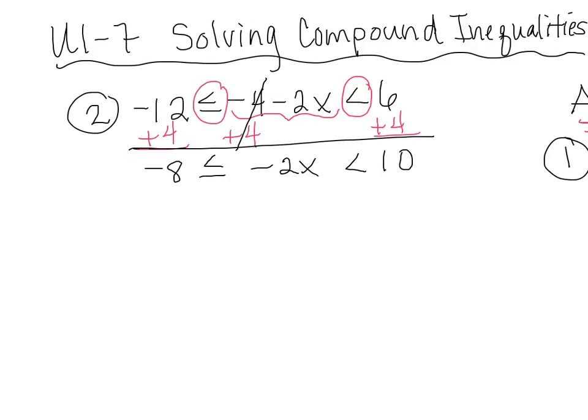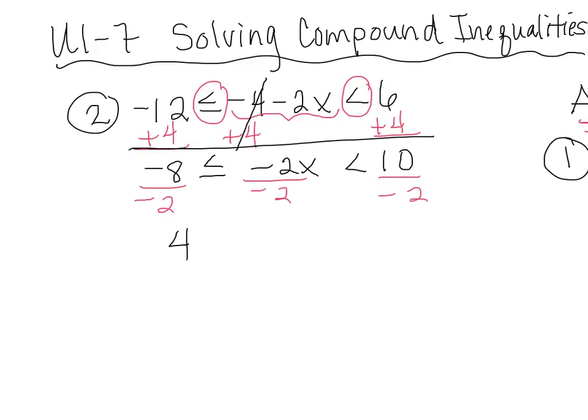Okay, second step. We're dividing by that -2 in the middle, so we have to do that same step to both the far left and the far right. And now we rewrite. Okay, -8 divided by -2 is 4. Now, as I'm rewriting this step, I need to be really careful.